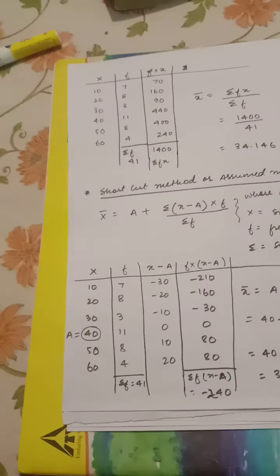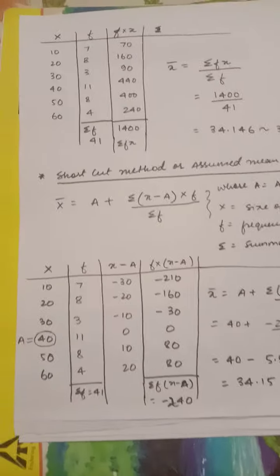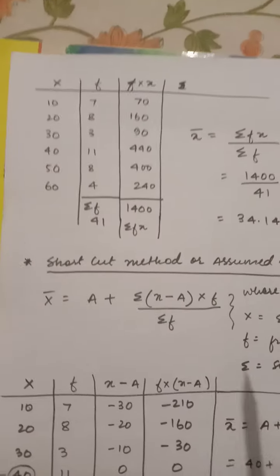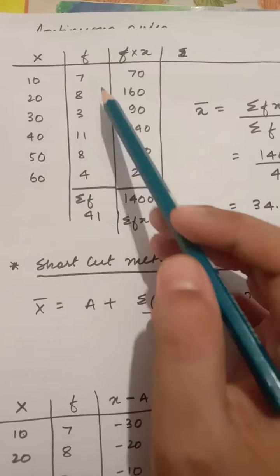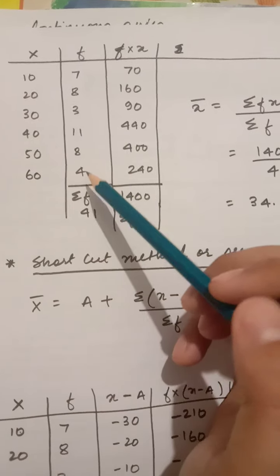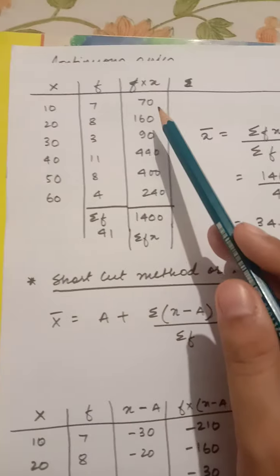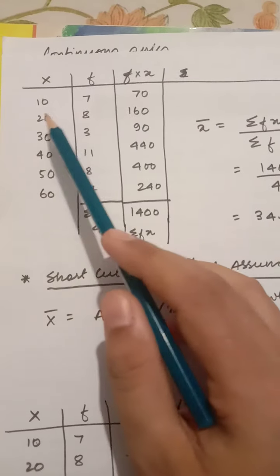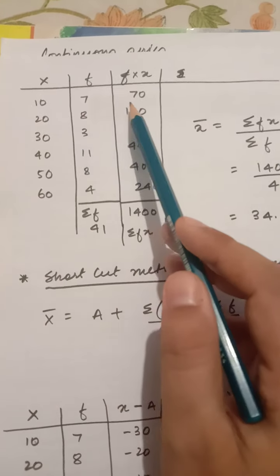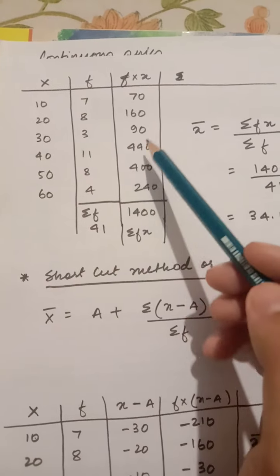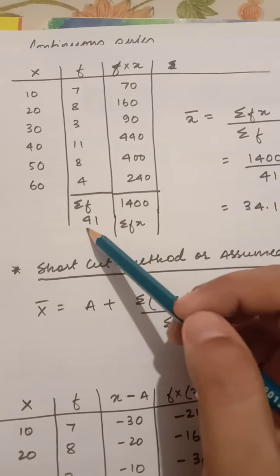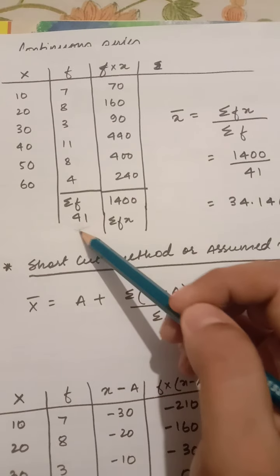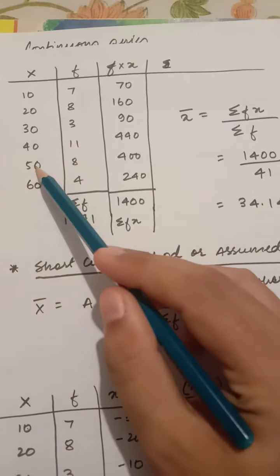So let's see an example regarding this. There is a data given of 10, 20, 30, 40, 50 and the frequencies 7, 8, 3, 11, 8, 4. First what we have to do is fx, frequency into x. It's 70, 160, 90, 440, 400, 240. We add them, that is sigma f, which is 41. Sigma f is the summation of frequency, and this is the summation of frequency into x.